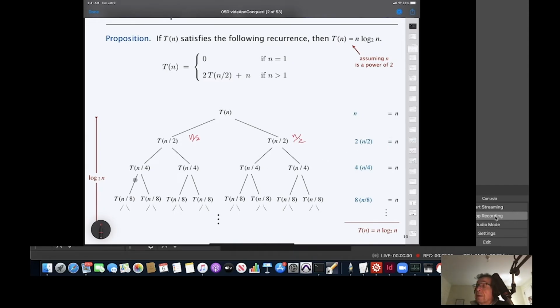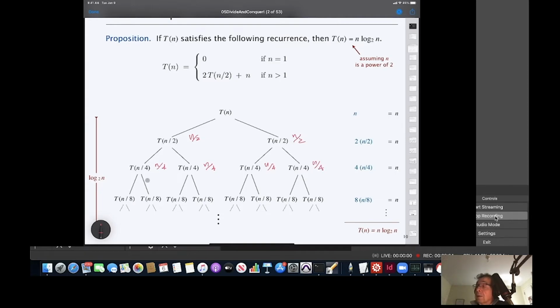Then in this case, the final file would be a file of size n over 4, which results from merging two subfiles of size n over 8, and that requires just n over 4 compares. And the same happens here, and here, here, and here.